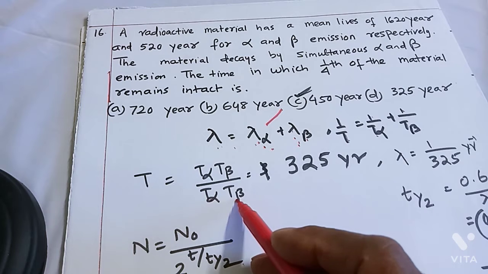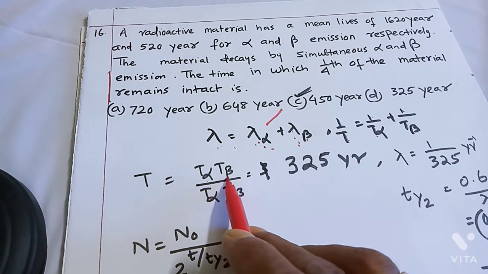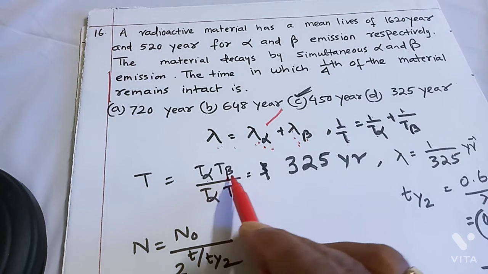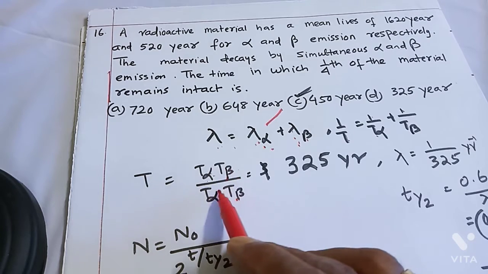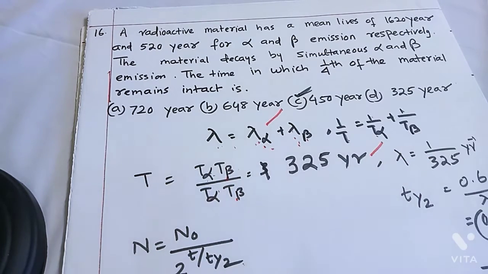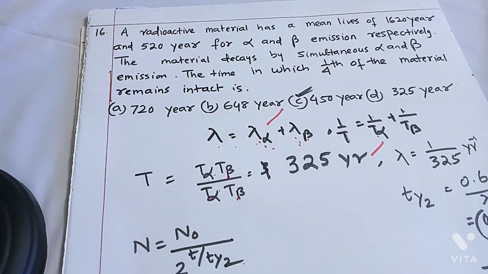Now T alpha and T beta are given. It is the mean life for alpha emission and the mean life for beta emission, that is 1620 years and 520 years respectively. So substituting the values and simplifying, we have the mean life for the composite process equal to 325 years.